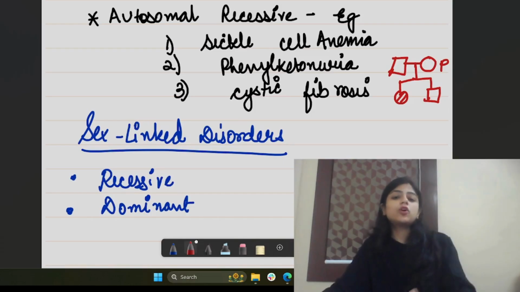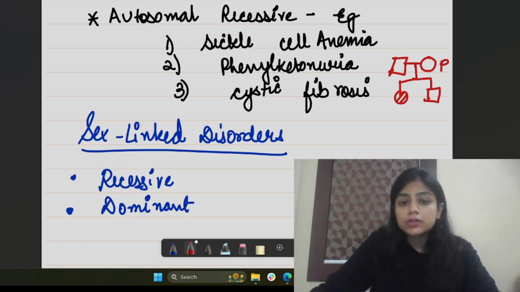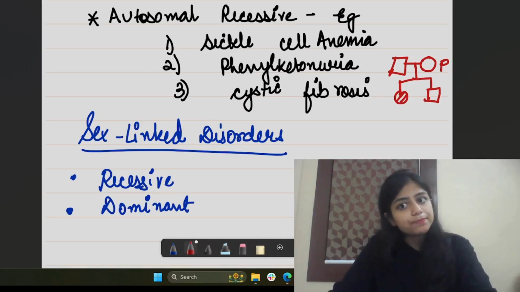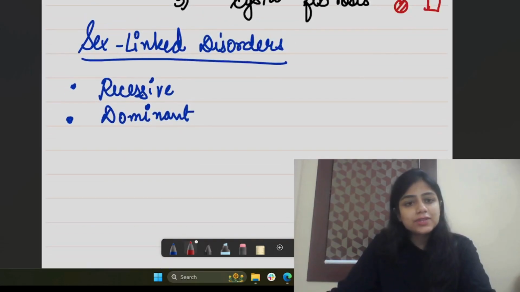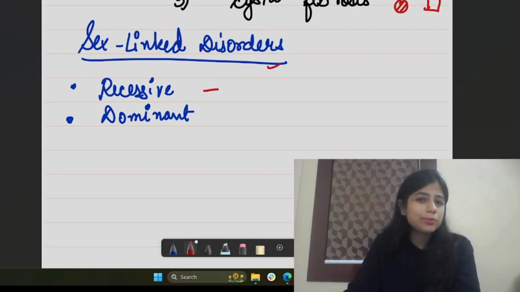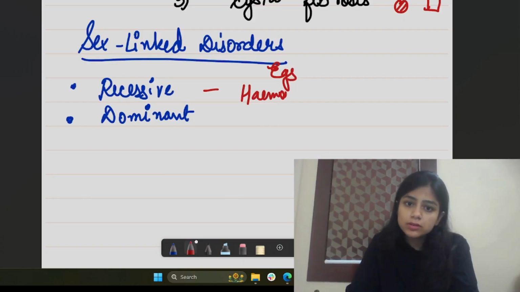So let's talk about the topic of sex-linked recessive disorders. See here. Whenever we are talking of the recessive trait, one of the primary examples is hemophilia, followed by color blindness.